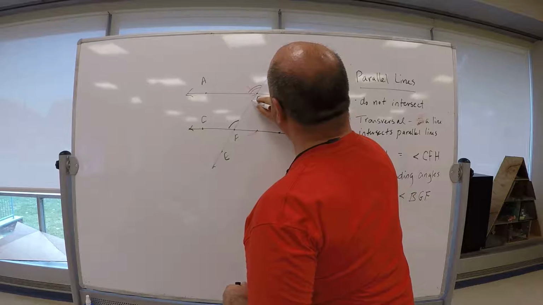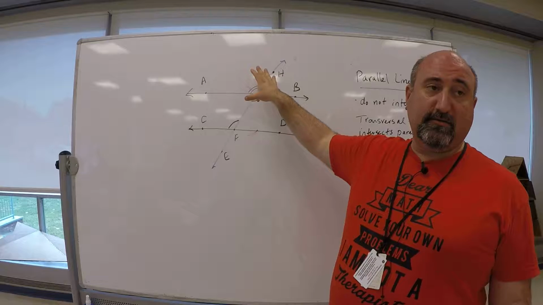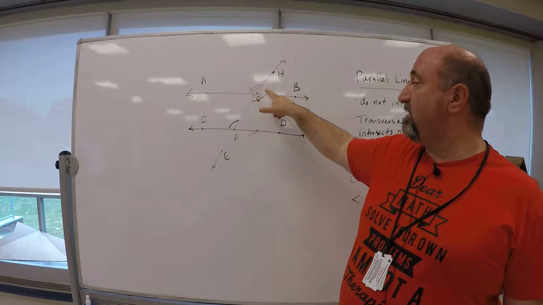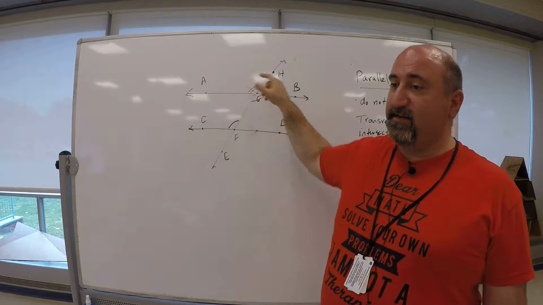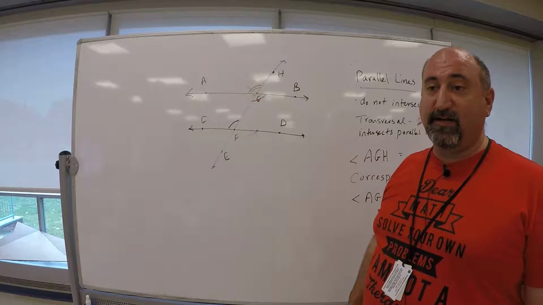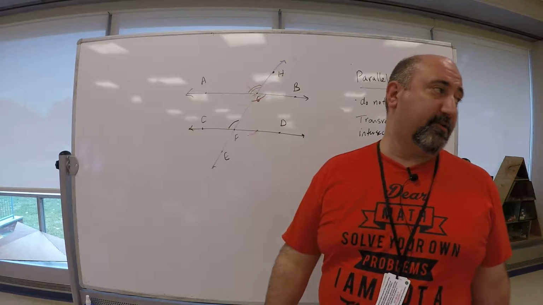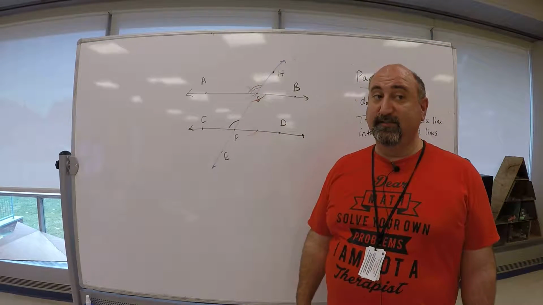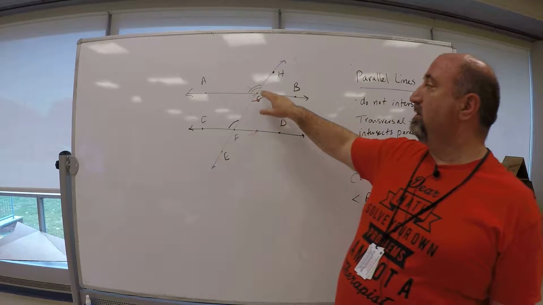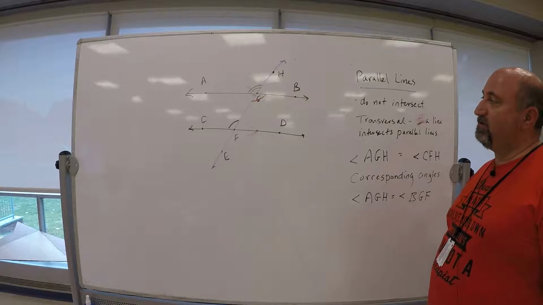So this angle is equal to this angle. And if you go back to Mini Lab 1 and look at this intersection of lines, you can see that those are, in fact, anyone know what it is? What kind of angles are they? Vertical angles, right. And we know that vertical angles are congruent, or equal. So AGH is equal to angle BGF.